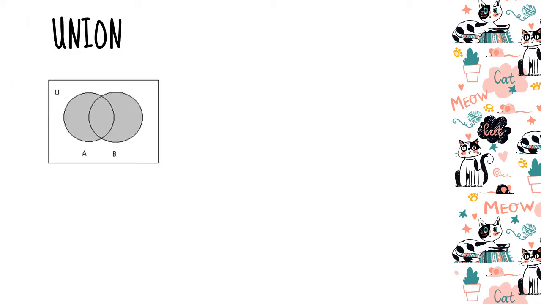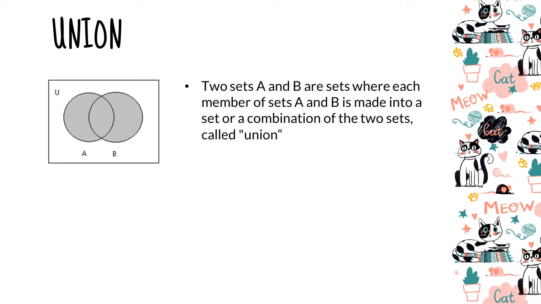Union. Two sets A and B form a new set where each member of sets A and B is made into a set, or a combination of the two sets, called the union. The notation: the union of A and B equals {x | x is a member of A or x is a member of B}.